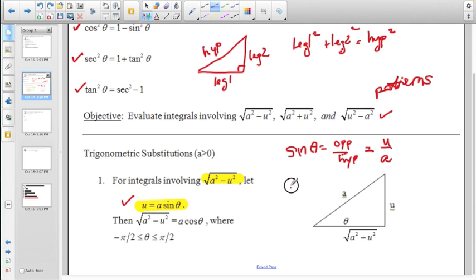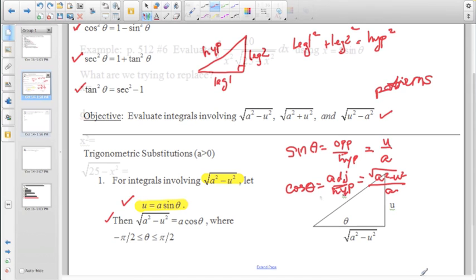Then we have cosine theta, which is adjacent over hypotenuse. The adjacent side is the difference, that pattern we'll start to see in the integral. So it's the square root of a squared minus u squared, over the hypotenuse, which is a. And that's where this expression comes from.